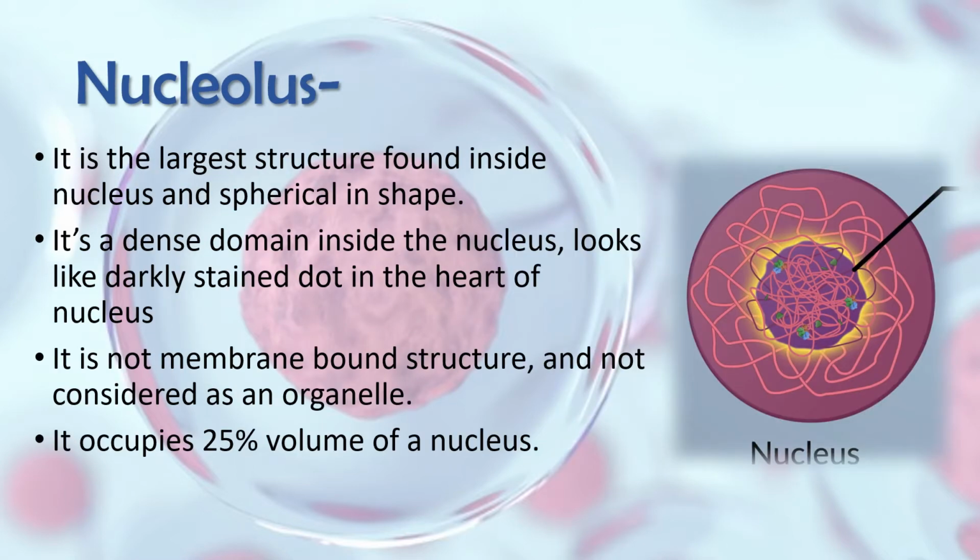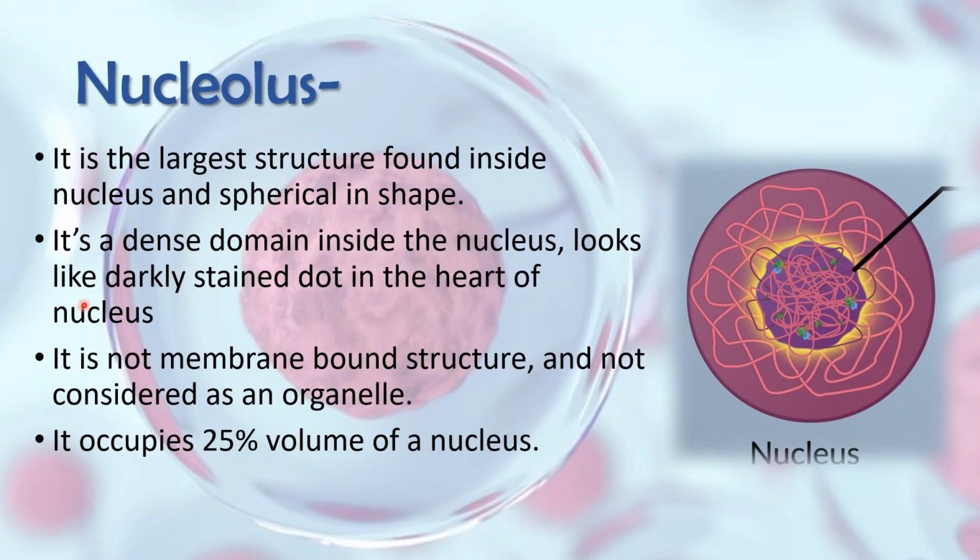The nucleolus is the largest component found inside the nucleus, and it has a spherical shape. You can see this is our nucleus, and at the core of the nucleus, this dark stained dot-like structure is the nucleolus.